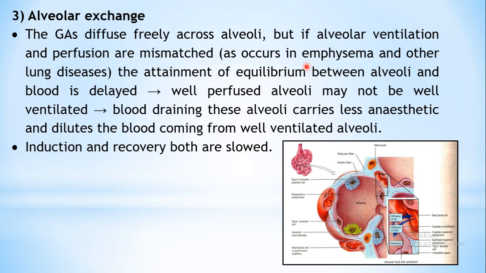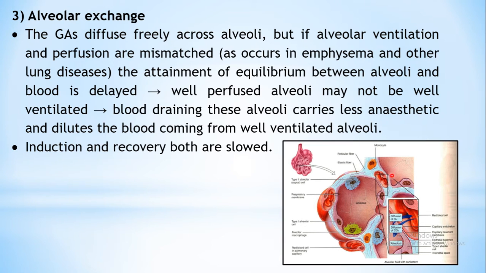COPD is a condition wherein there is a mismatch in the ventilation and perfusion, meaning at the time when you are inhaling, at the same time the perfusion is not taking place, that is the blood is not coming in this particular region, or the blood is not being pumped in the alveoli. So there is a mismatch. When your general anesthetic is reaching here in your alveoli, at the same time blood may not reach over here, so a well ventilated alveoli may not be well perfused.